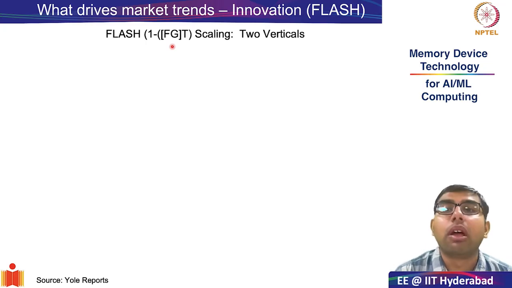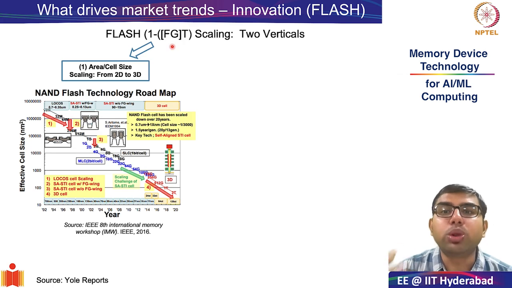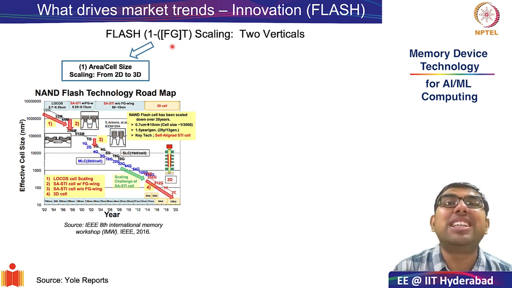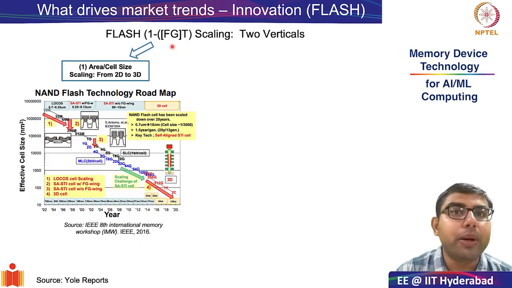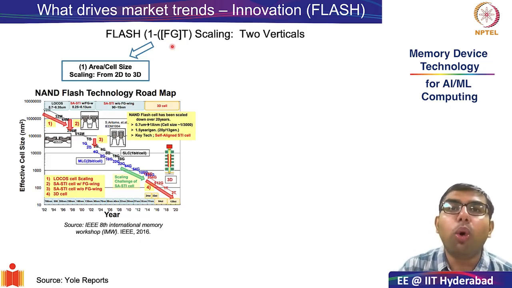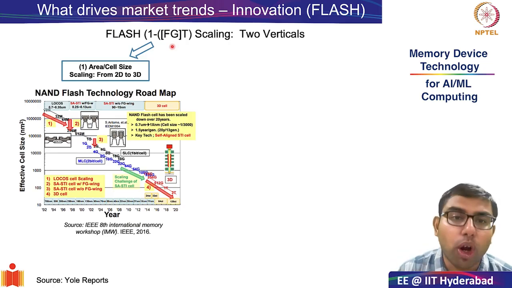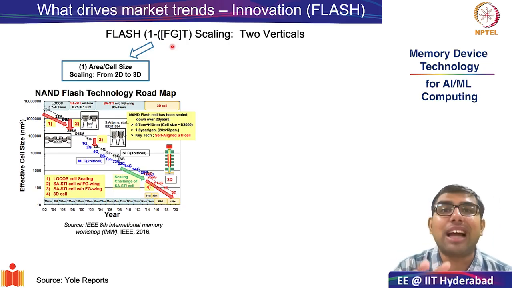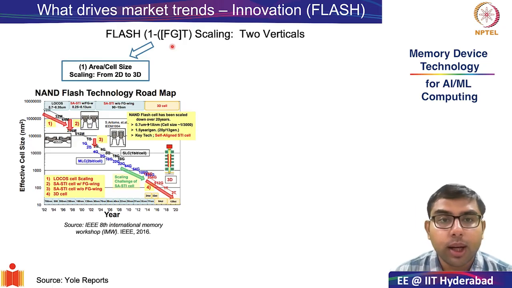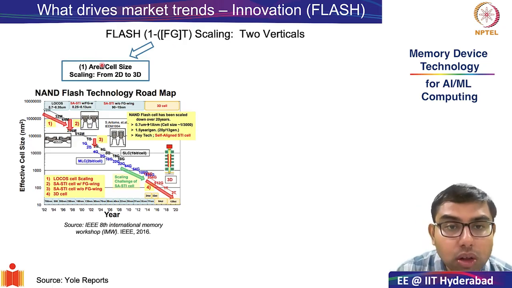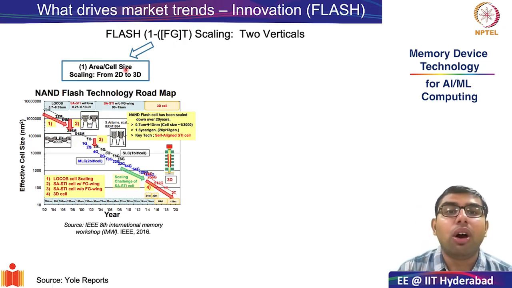So let us begin. We know that NAND flash consists of one transistor. It is not a normal transistor, it is a floating gate transistor. The idea is, how did companies start doing bit scaling, including more and more bits into a small footprint? The story here is divided into two verticals. The first involves scaling the area or the cell size.